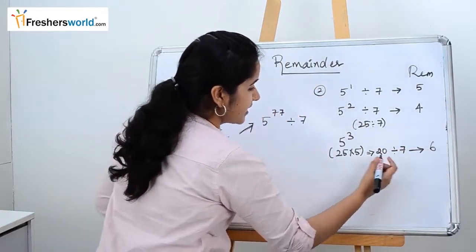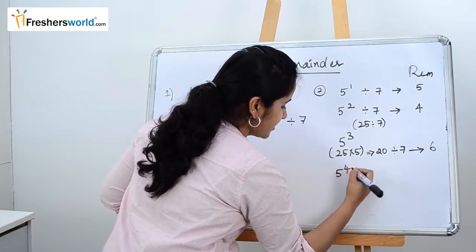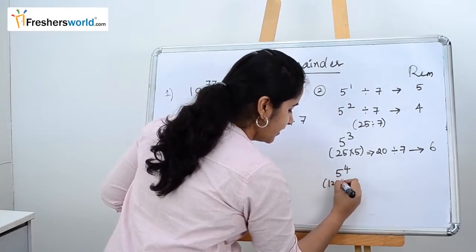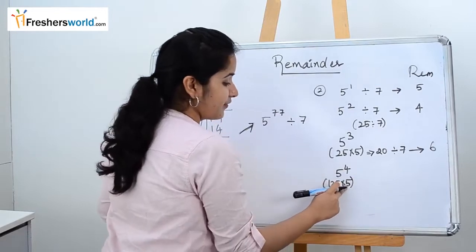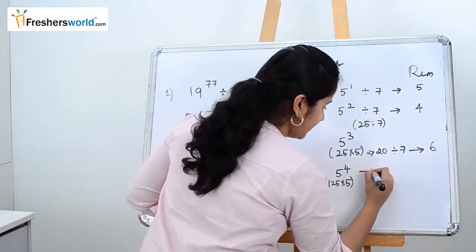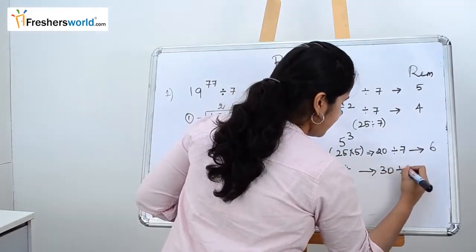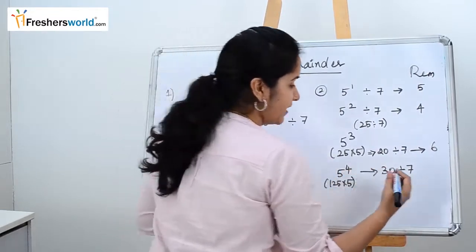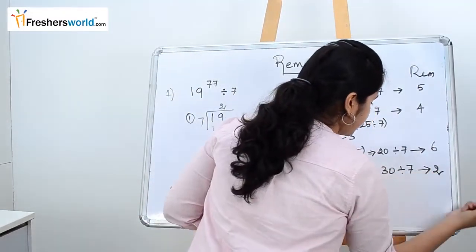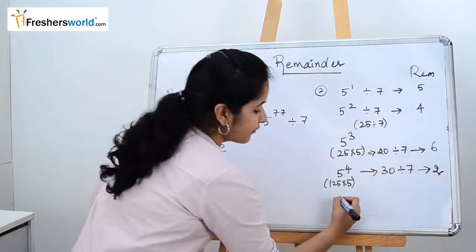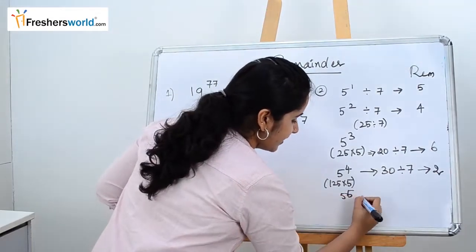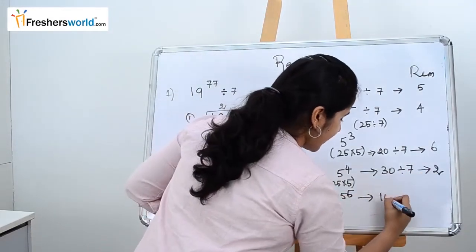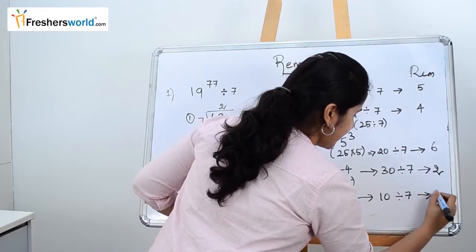Similarly, next is 5 power 4, which is 125 into 5, so 5 into 6 is 30. 30 divided by 7, 7 4s are 28, and your remainder will be 2. Similarly, 5 power 5: we directly do it now. 5 into 2 is 10. 10 divided by 7, the remainder is 3.